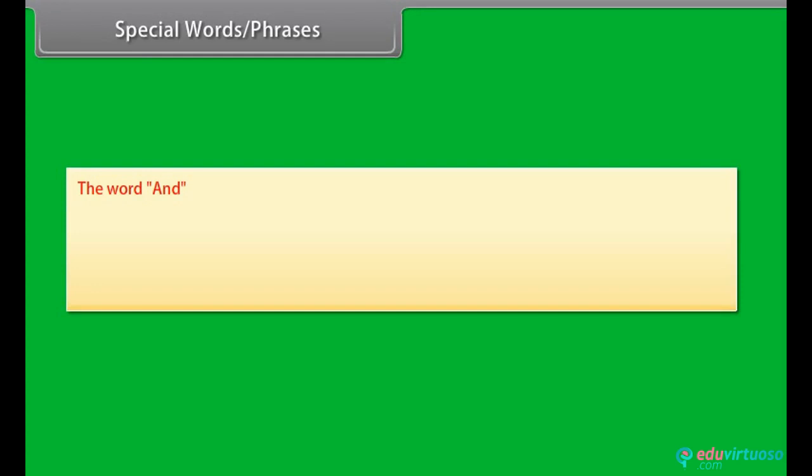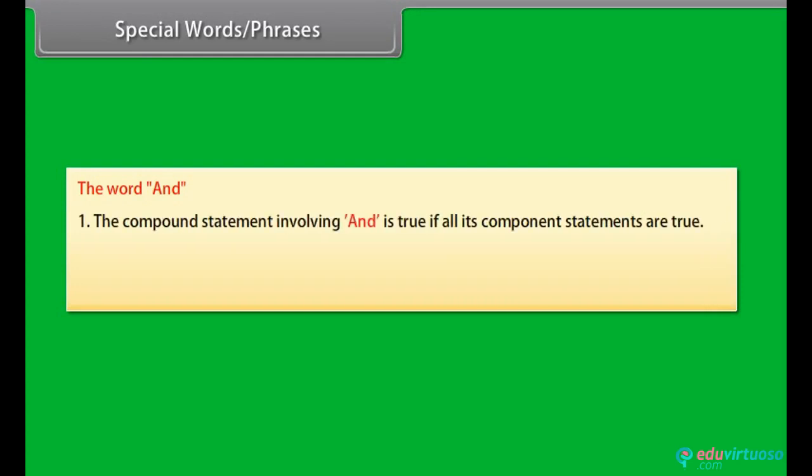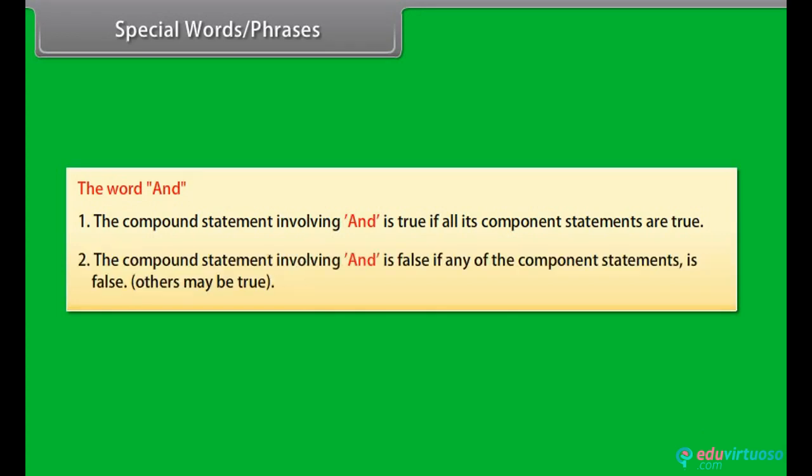Special words, phrases. The word and. 1. The compound statement involving and is true if all its component statements are true. 2. The compound statement involving and is false if any of the component statements is false. Others may be true.